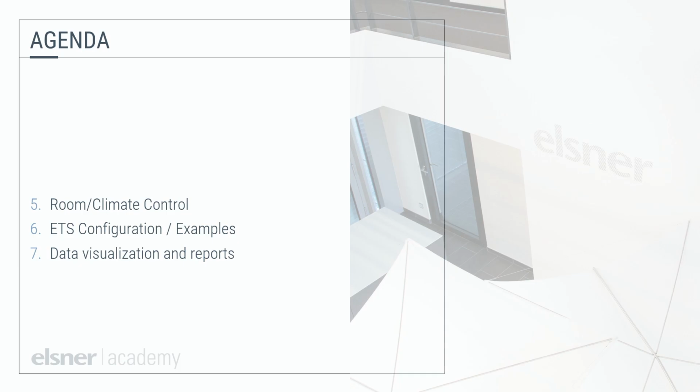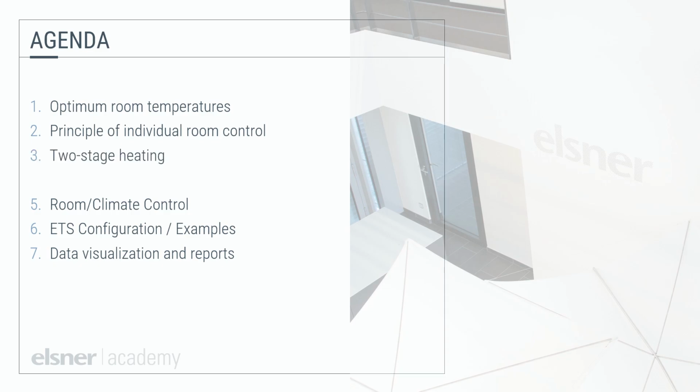To achieve this, we are going to follow this agenda: optimum room temperatures, the principle of individual room control, the two-stage heating, and an overview of Elsner's room controllers, in addition to exercises, the room using ETS configuration and examples, and finally, we will see some data visualization and reports.